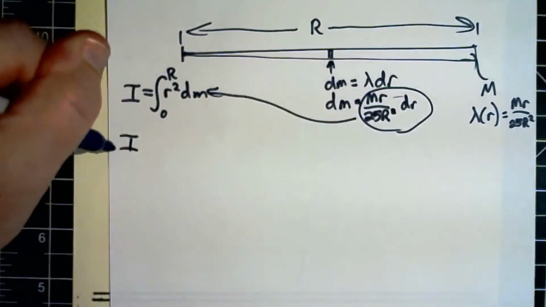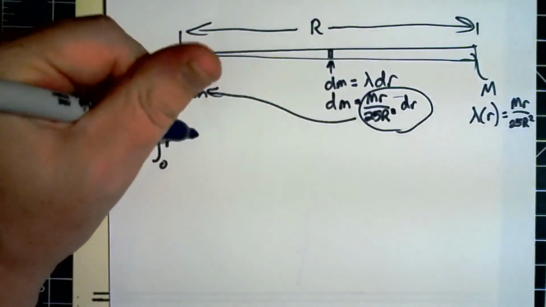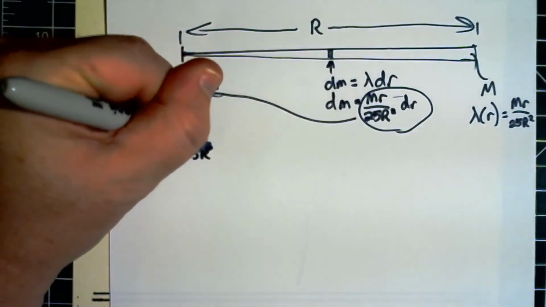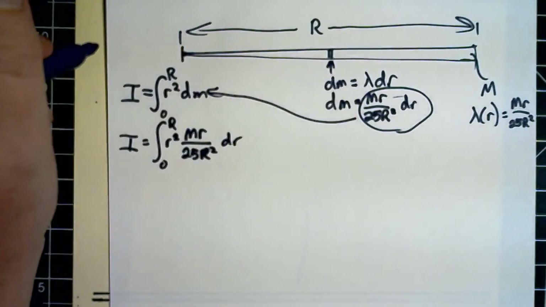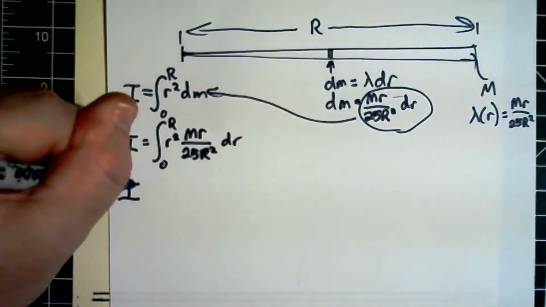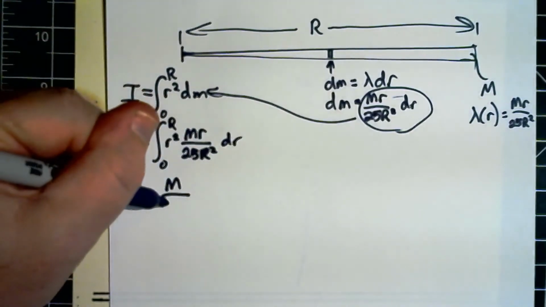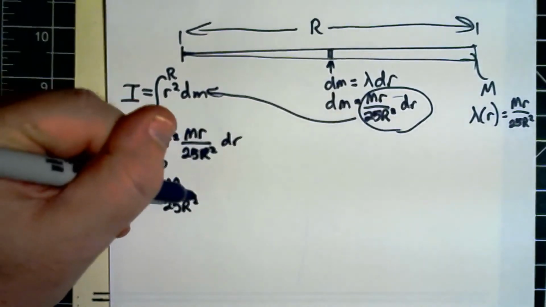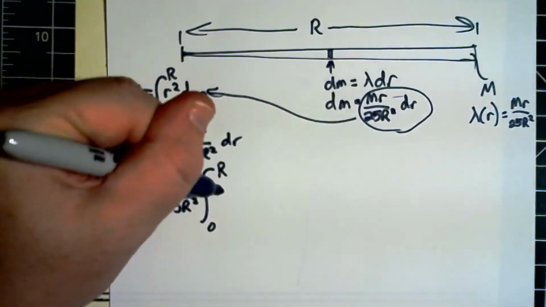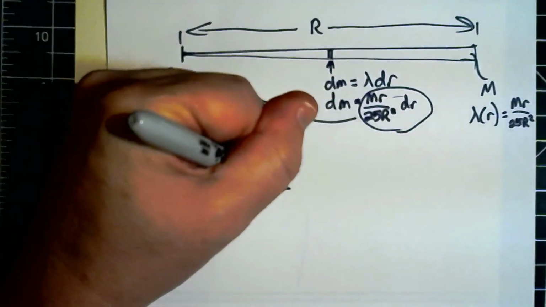So we're integrating from 0 to R of r squared dm, which is now m r over 25 capital R squared dr. The constant terms I can pull out of this, so I'll have the integral of the mass divided by 25 R squared, where R once again is capitalized, integrating from 0 to capital R of r squared times r, so that's r cubed now, dr.